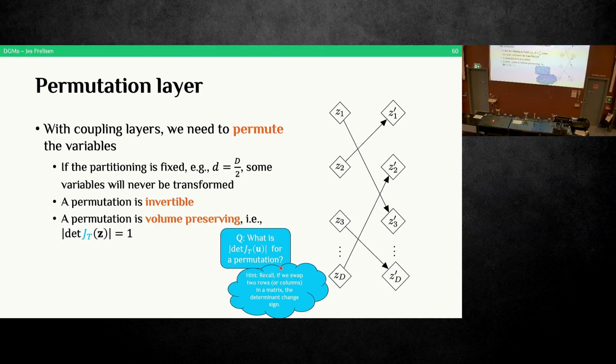So if I say that this was my permutation, the transformation here would be that at the first value I put x2, at the second value I put x1, and the third value I put x3, right?